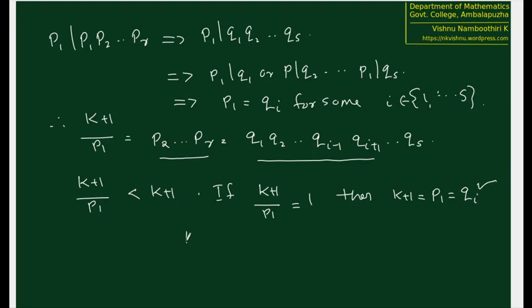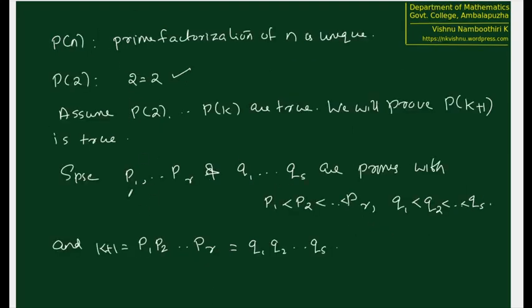So assume that (k+1)/p1 is greater than or equal to 2. But it is already less than k plus 1. Therefore 2 is less than or equal to (k+1)/p1, which is less than k plus 1, and therefore by the assumption, what is the assumption?